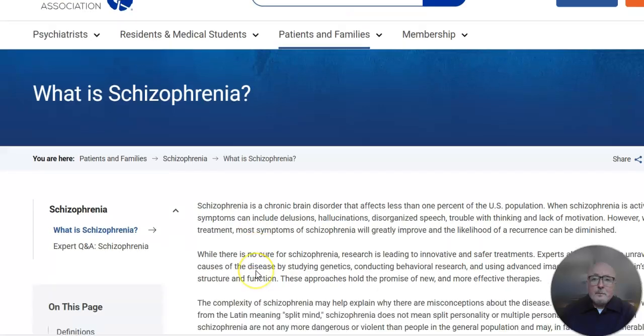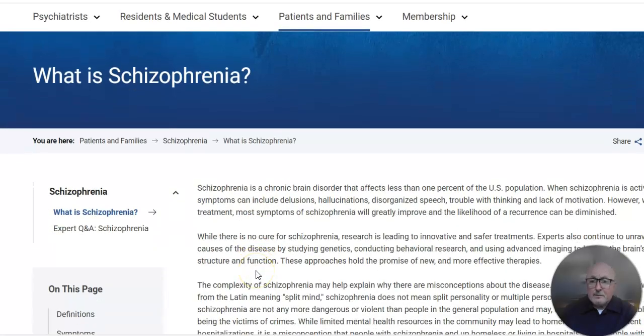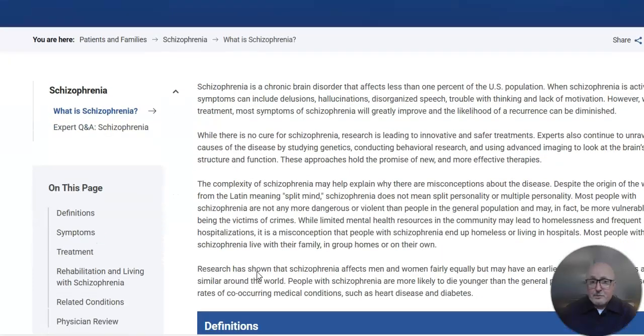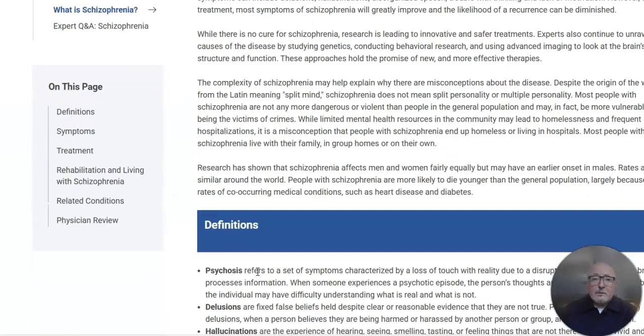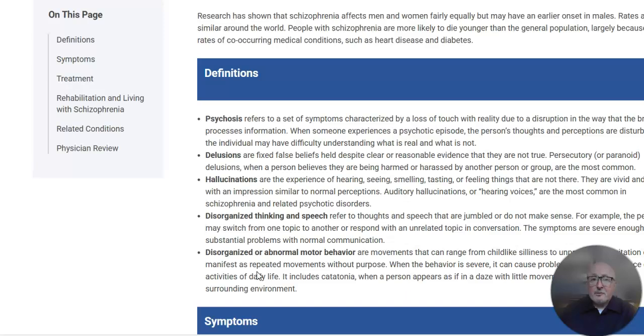So again, the diagnosis of schizophrenia and other related thought disorders and or psychotic disorders are discussed here. So let's get into some main definitions, and by that I mean some main criteria. Psychosis is the common theme among all of the different disorders that we discuss in chapter 13.